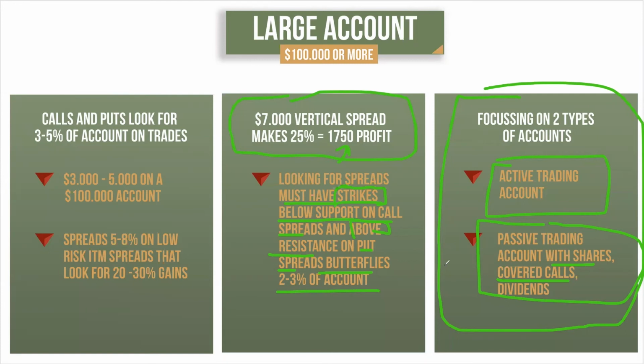A LEAP is an option that expires longer than 9 months out till expiration. Anything longer than 9 months out till expiration is considered a LEAP. So with that passive trading account, you're looking for those longer term trade setups, something on a daily chart that's just starting a new cycle formation. That's what you want to focus in on.